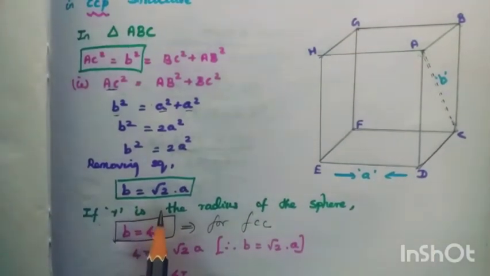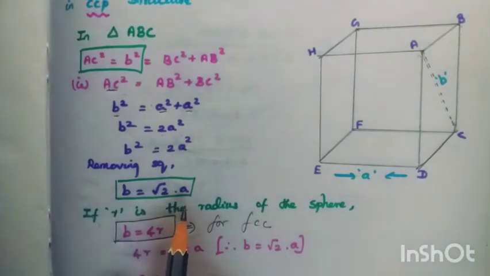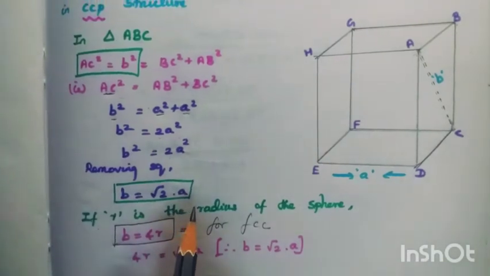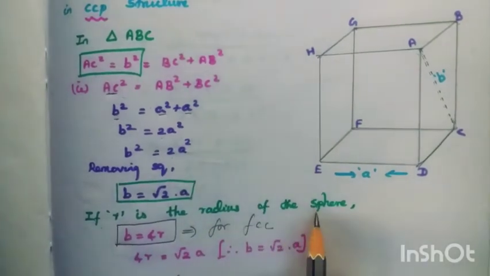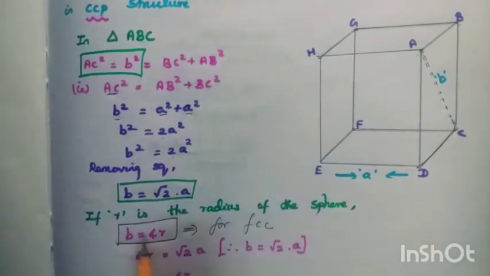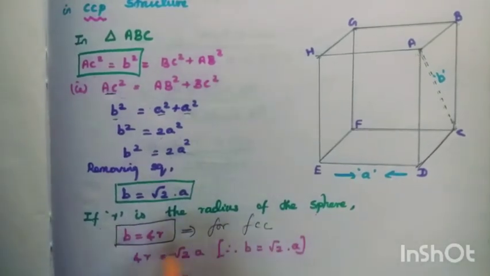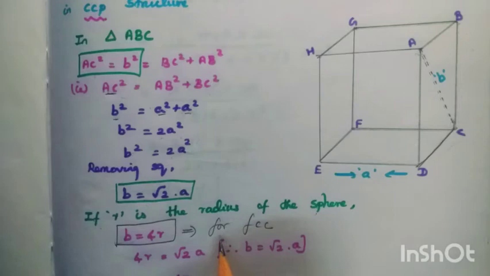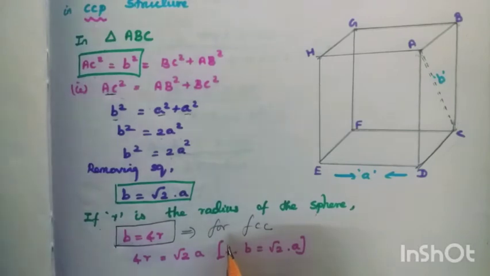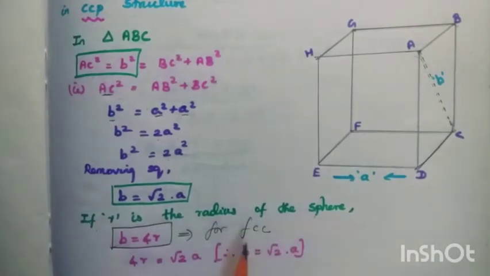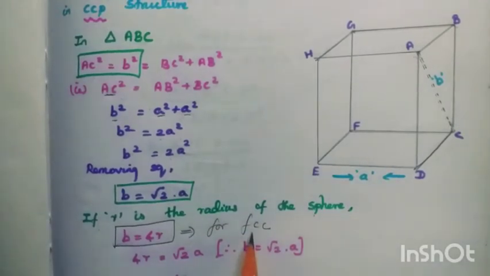If R is the radius of the sphere, B is equal to 4R. There may be some individual values for each cubic crystal: FCC, BCC, simple cubic.